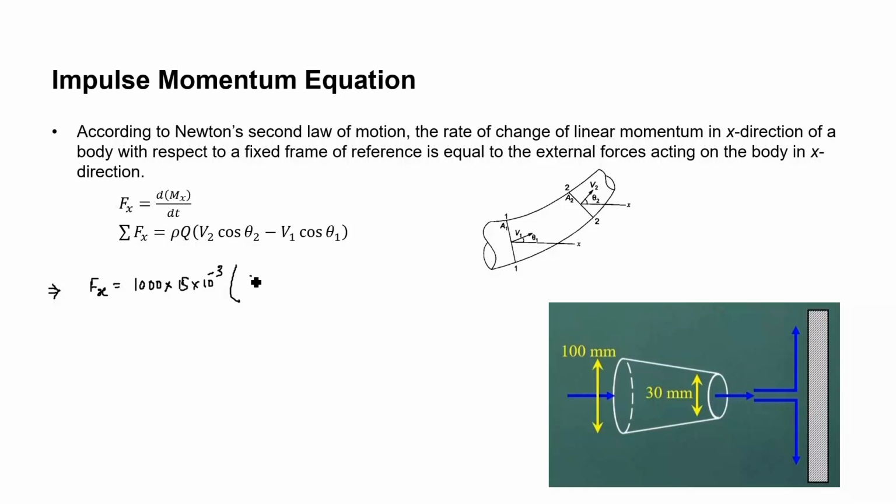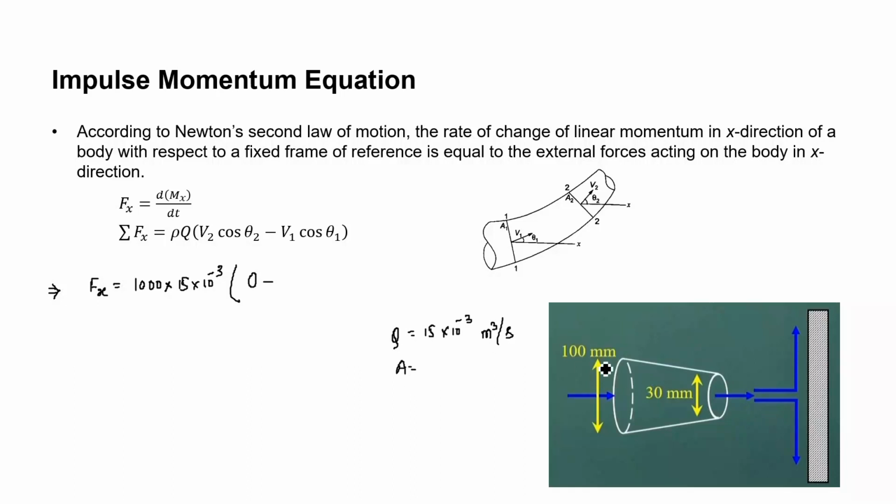So, this is 0 minus V1 cos theta 1. V1 is the velocity before striking. We have the discharge value, 15 into 10 to the power minus 3 meter cube per second.